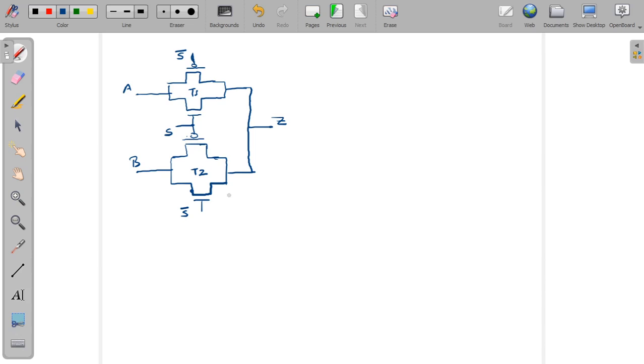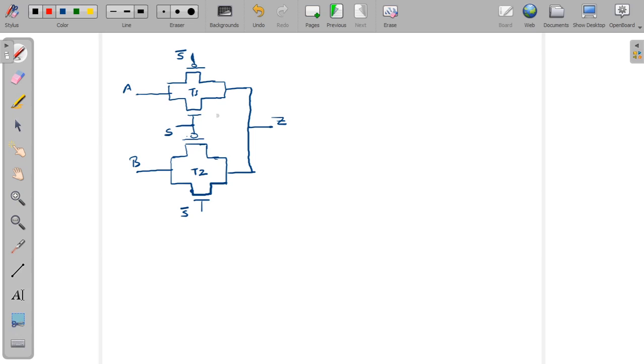Okay, so we have basically three inputs here, A, B and S. Okay, we have the control signals S and S bar.